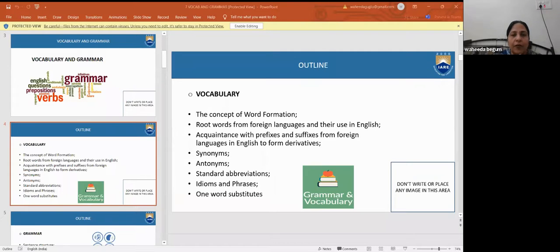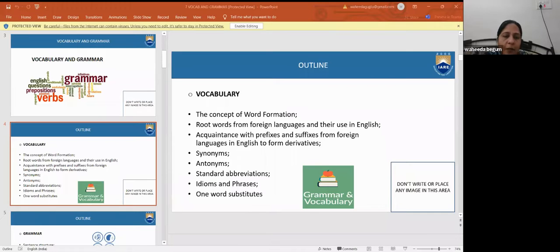I also talked to you the other day about the types of vocabulary. A person's vocabulary is the words that he or she uses in the process of communication. So these are four types: we are speaking, we are listening, we are reading, and also we are writing.